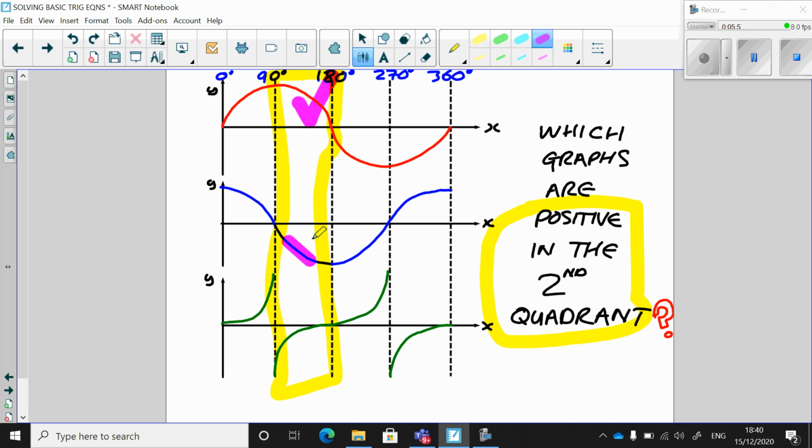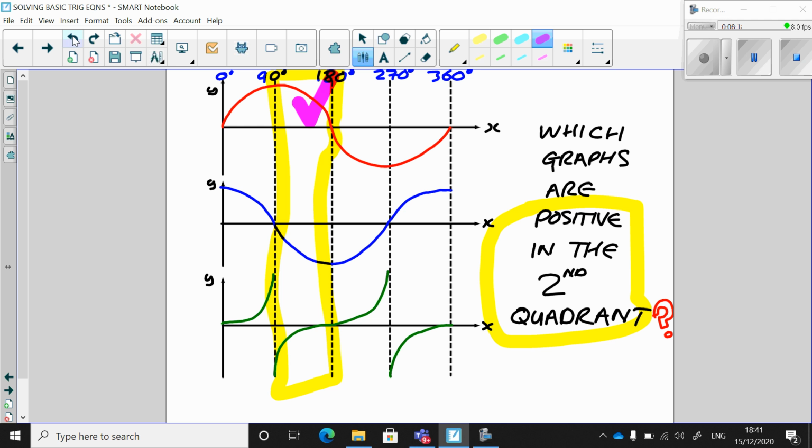Well, that's not above. And that's not above the x-axis. If I have a cross here, that means it's negative. So it looks like there's only one that's positive in the second quadrant.